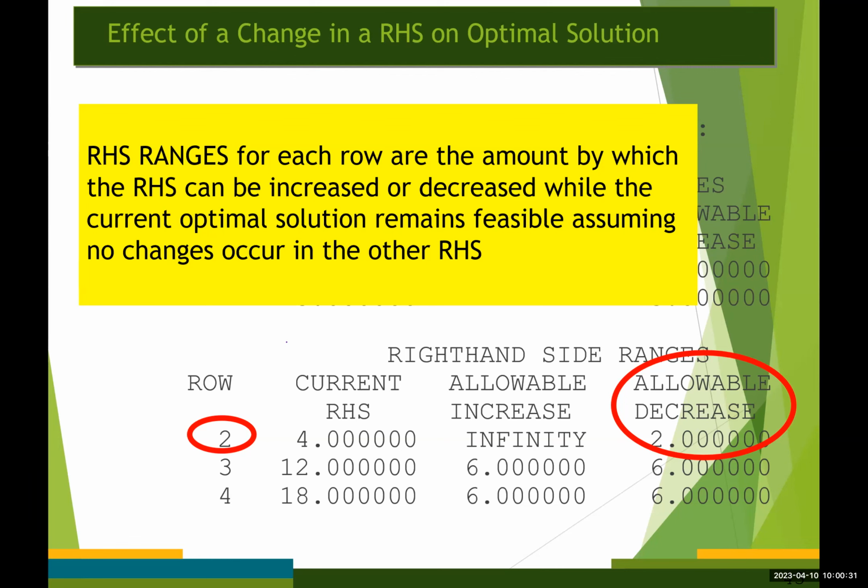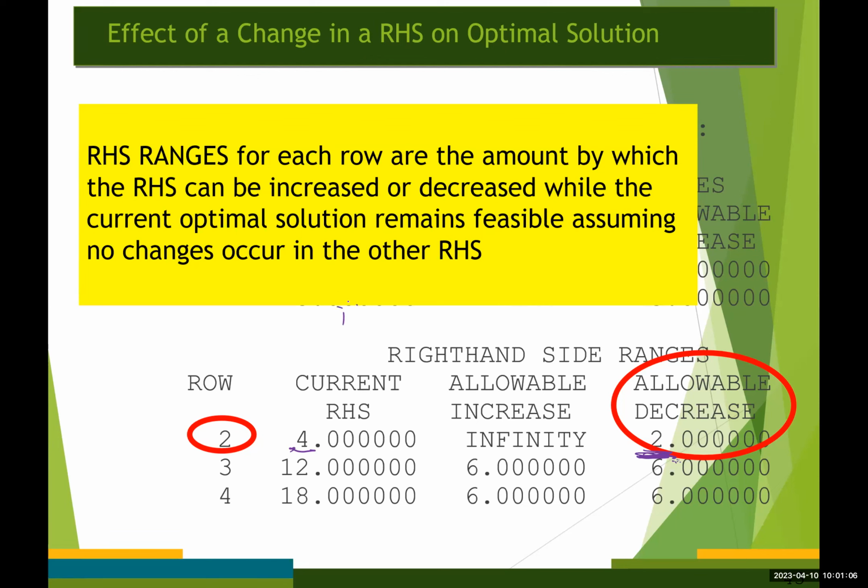So the allowable decrease is the amount by which the right-hand side value can be decreased without changing the binding constraints, okay? The current value of B1 is 4, and here the value 2 means B1 can be decreased by this amount without causing infeasibility of the current optimal solution.